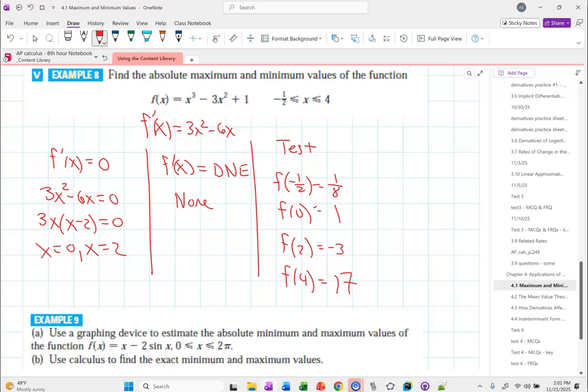So what do we got here? This is my absolute minimum, equal to negative 3, and it happens at x equals 2, because that's the smallest number overall. My absolute maximum is 17, and that happens at x equals 4.